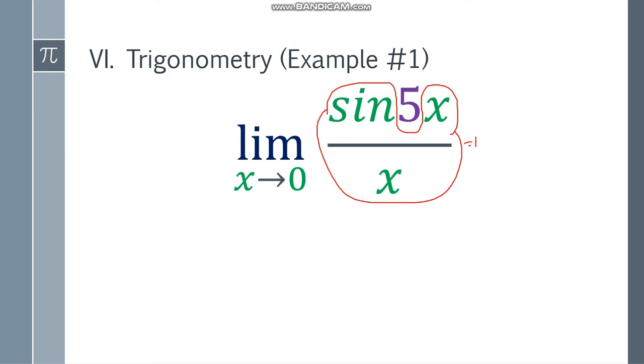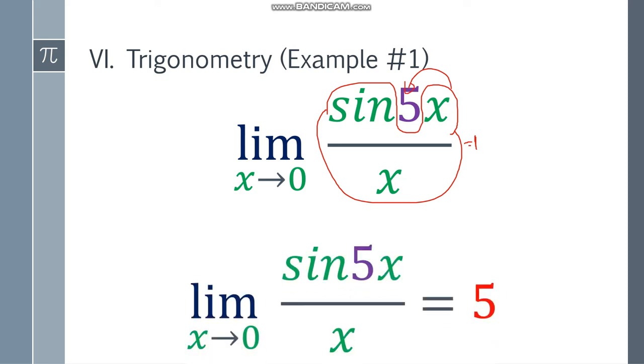Ngayon, pag may 5 dyan, then, ang 1, multiply mo lang siya dito sa 5. So, ang sagot ay 5. Yun lang siya kadali. So, pamansin mo lang yung naka-green. Ito yung base natin, sin x over x.